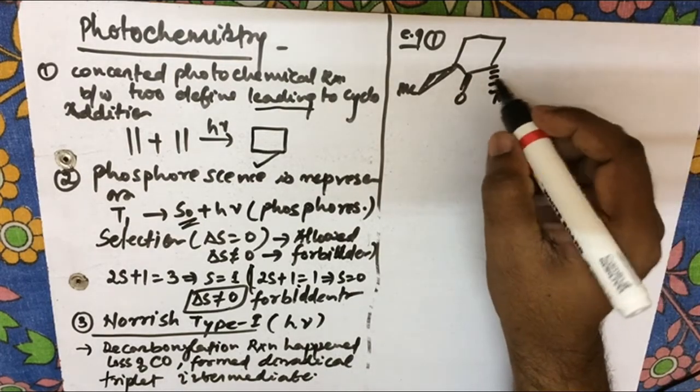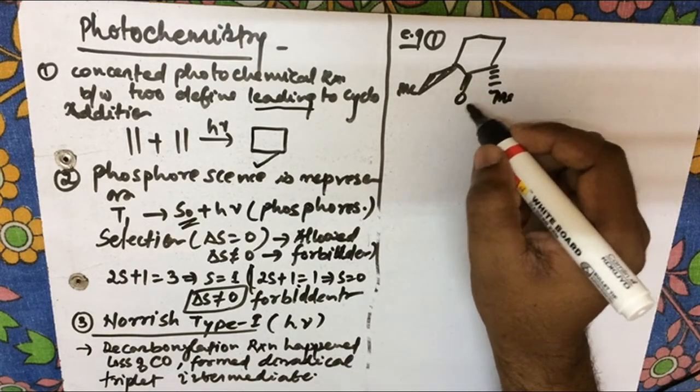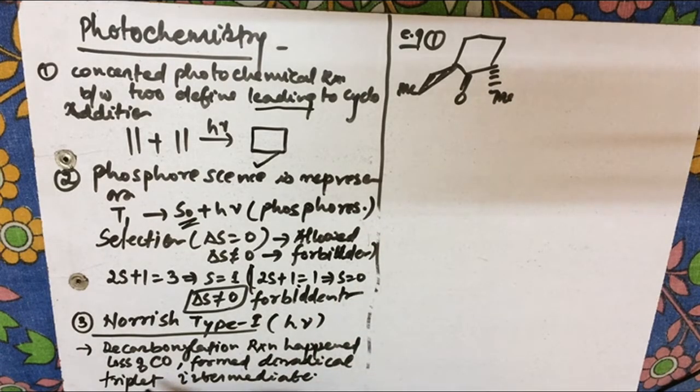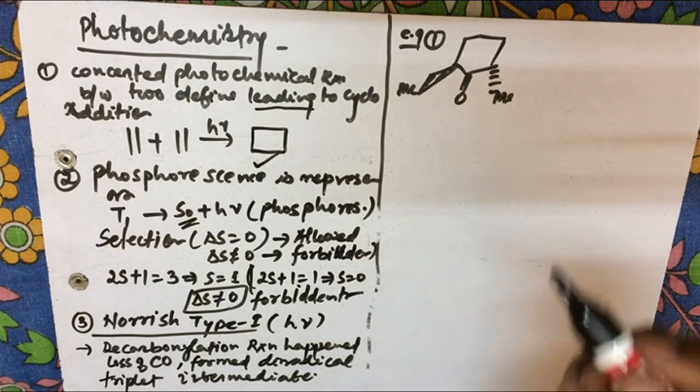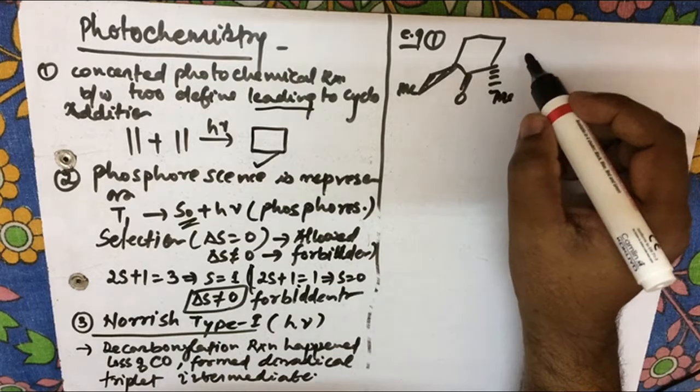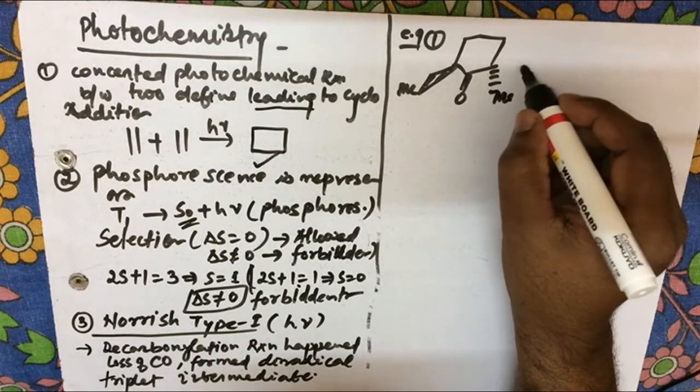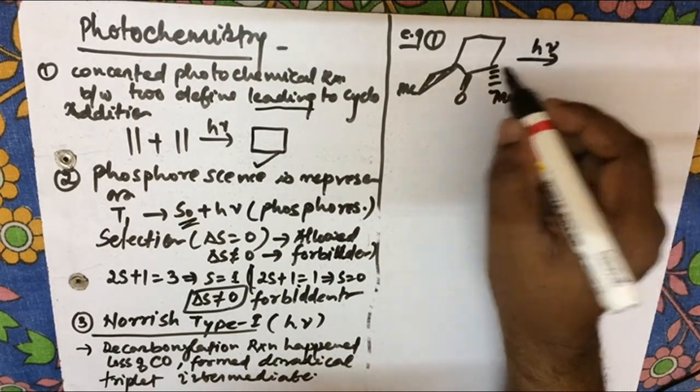The decarbonylation reaction happens through loss of CO, forming a diradical intermediate. Here the diradical intermediate forms, and this will go under hv condition.